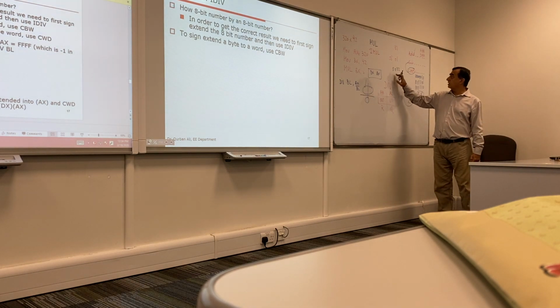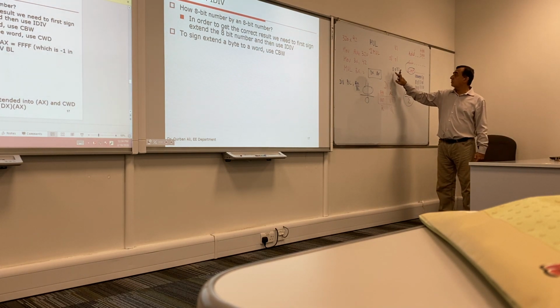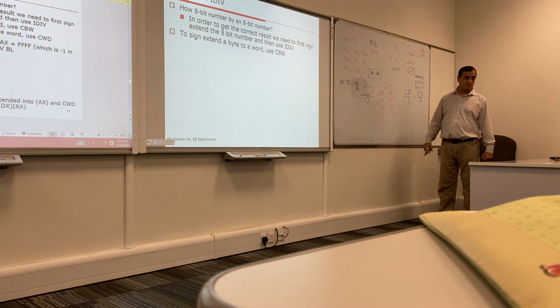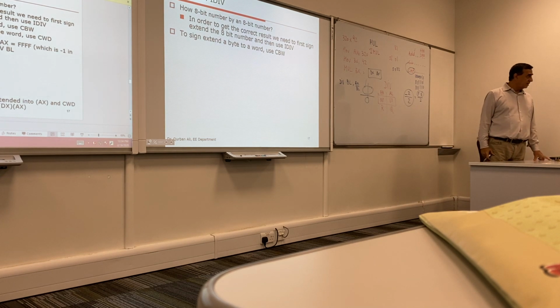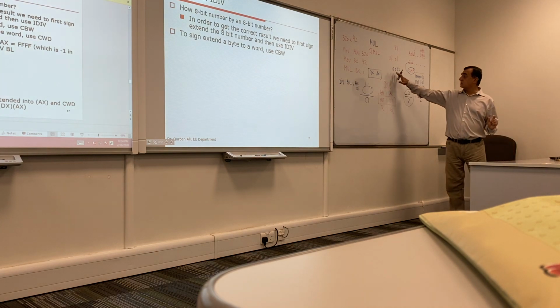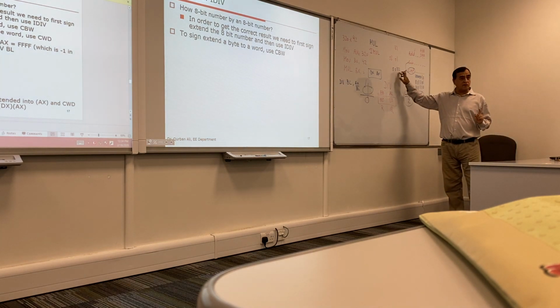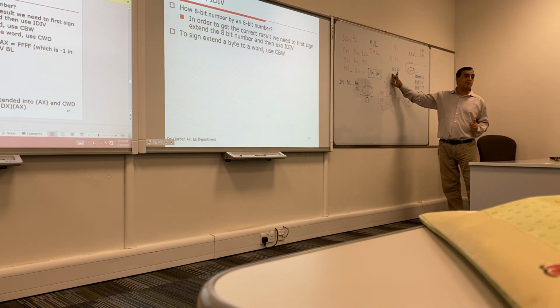But if this was negative, by placing zeros the value became positive. So placing 0 is not right. There is another instruction which always takes care of the sign. If it is positive, extend it as a positive. If it is negative, extend it as a negative.